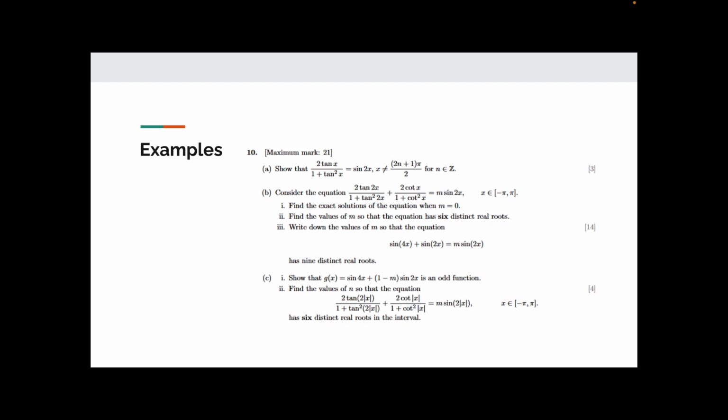C1 is there to hint at the transformation. Because if you know that it is an odd function, what does it tell you about the function itself when you take the absolute value? Think about it.